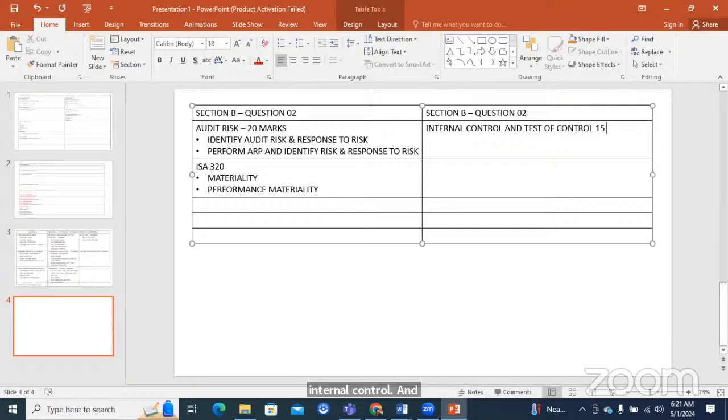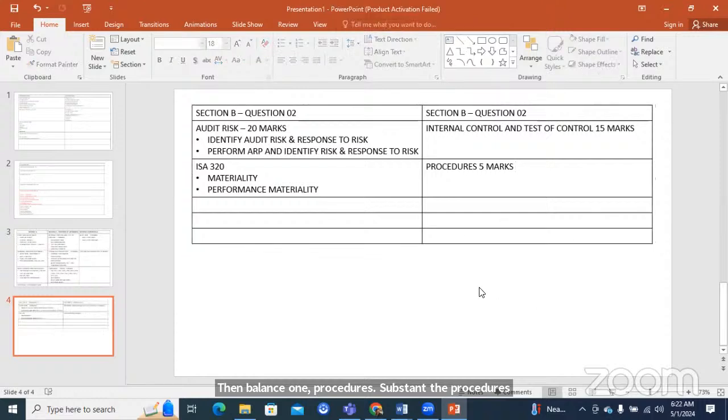How many marks? 15 marks. Then the balance 5 marks, substantive procedures. So section B, question number 2, the possible combination is these two only. Either audit risk, or test of control for 15 marks and procedures for 5 marks. Is this clear? This is the combination possible in question number 2, section B.